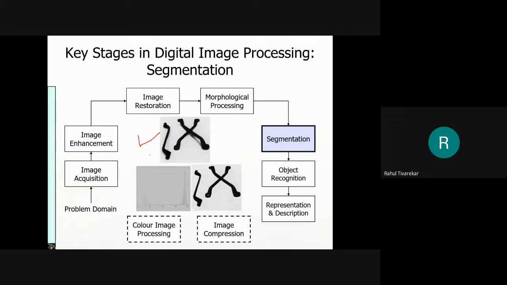If you see, the brightness level is very high for the background, darkness is very high for the object, and a little less darkness is available for the shadow. So if you remove this part which is a little less dark by using some kind of processing, then what you get is this.